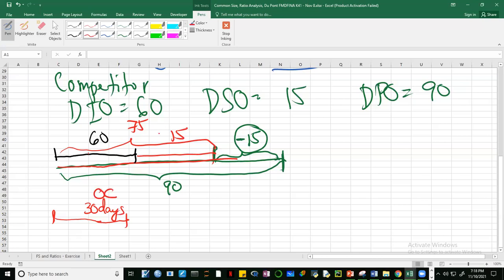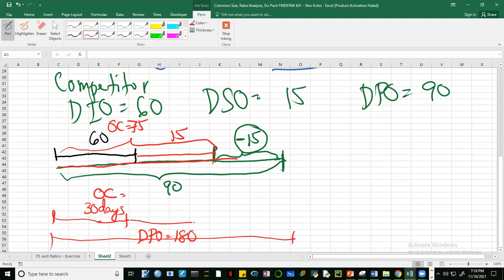Operating cycle nila 75. Let's say dito operating cycle within 30 days. Nabenta na, tapos na-collect na, no? Yun ang operating cycle. Tapos dito nagbabayad sila sa kanilang mga suppliers, half a year. Okay, ito yung DPO nila. Their DPO is equal to 180 days. Okay, sabihin natin kalahating taon, 6 months.